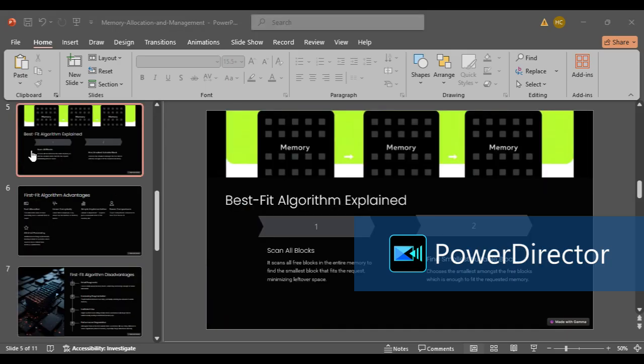The best fit algorithm scans the entire memory and allocates the smallest available block that can accommodate the requested size. By choosing the smallest possible block, the best fit aims to leave larger free blocks available for future allocations, making it a more space efficient strategy. For instance, I want to allocate the same 700 kilobytes of memory for a process using best fit.